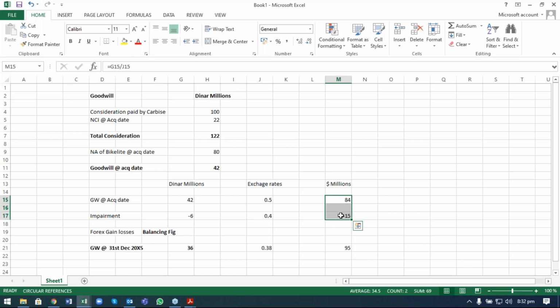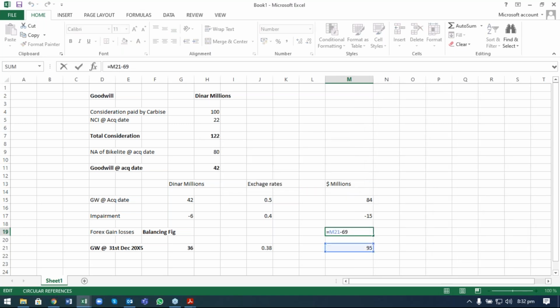This total value is 69 million. So I would be calculating 95 minus 69 million. So the difference is 25 point some million, or 26 million, I believe, 25.7 million. So I'm going to round it to 26 million.